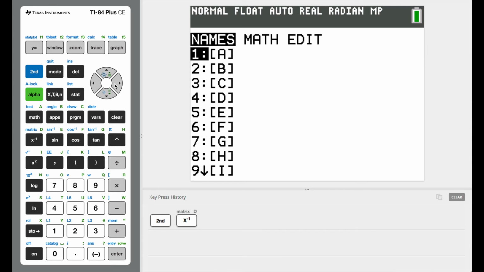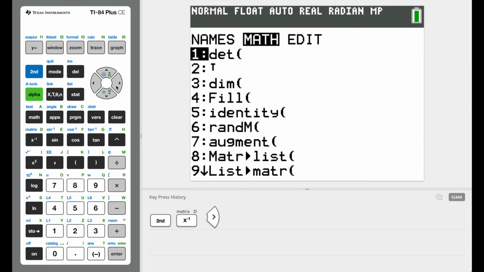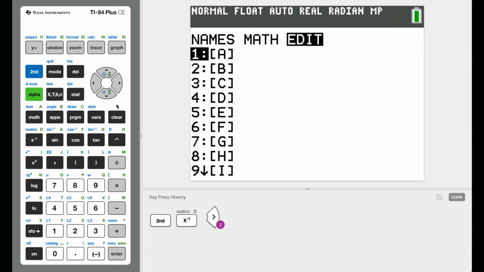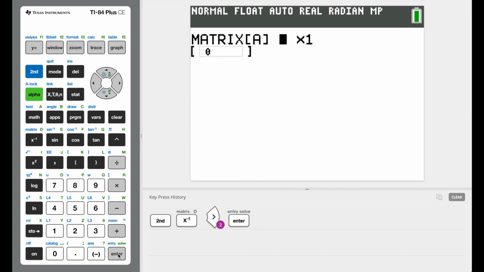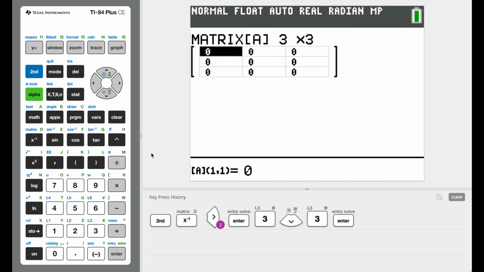In order to put a matrix in here, we scroll over to edit, and I'm going to put the matrix in example 3 in matrix A. So I'm going to press enter. It was a 3 by 3, so I'm going to tell it to do a 3 by 3 matrix. And now I can just go ahead and type things in.